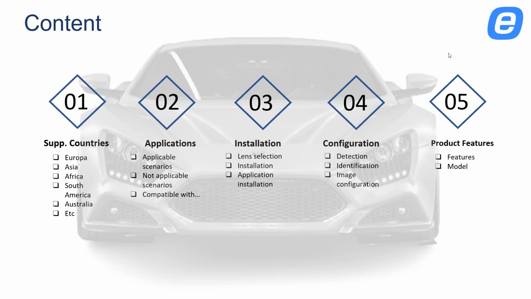And we're going to go over the configuration, which is detection, identification, and the image configuration, such as brightness, shutter, and gain. And then last but not least, we're going to go over the product features, and it's going to show you the model of the camera. So if you guys want to screenshot it or you want to know the model of the camera, then lastly, we will go to that page.